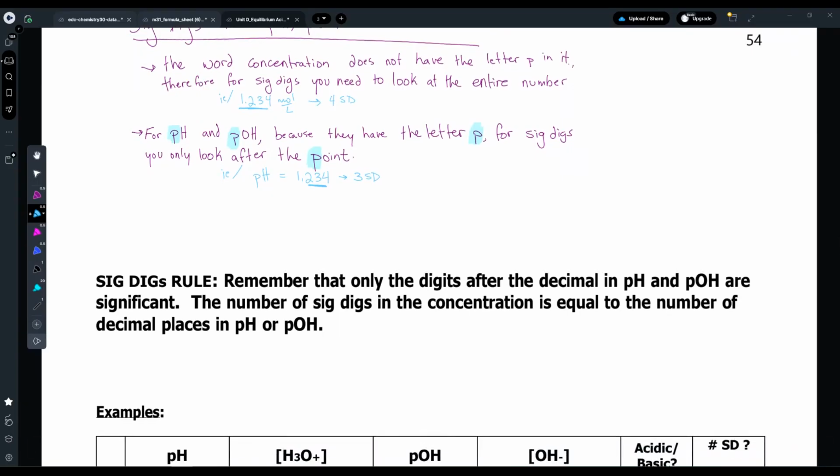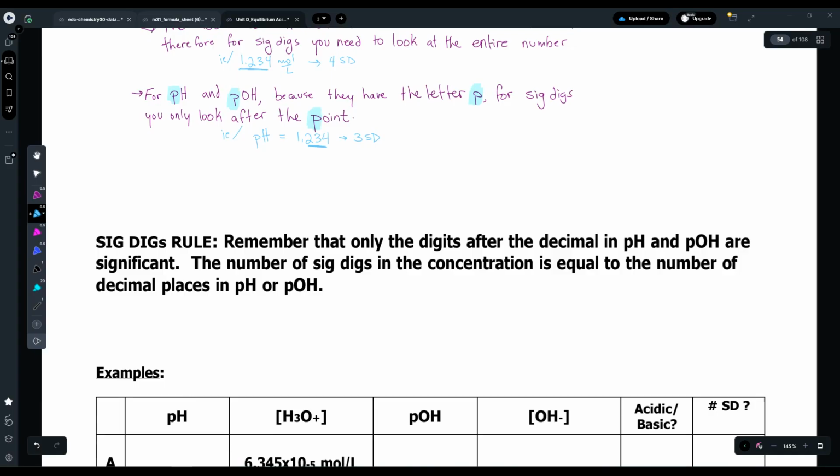Okay, so what it says underneath here is similar to what I just said. Remember that the only digits after the decimal in pH and pOH are significant. The number of sig digs in concentration is equal to the number of decimal places in pH or pOH.